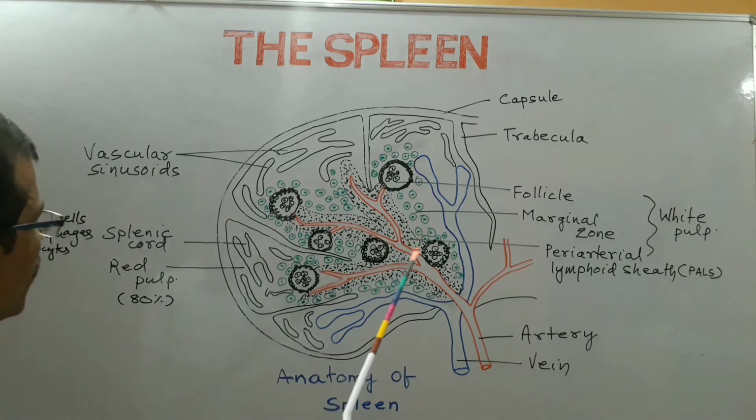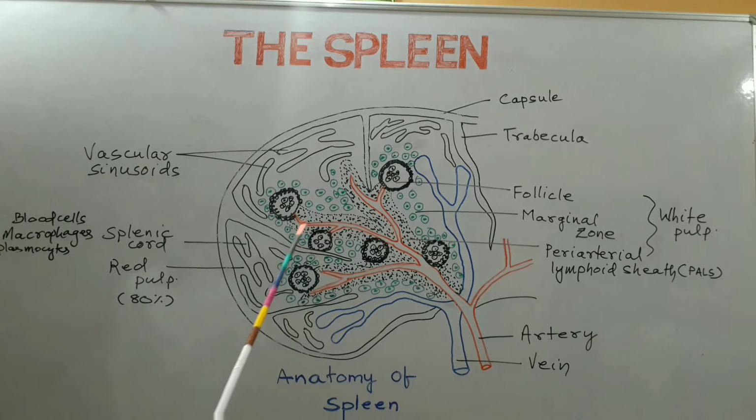First of all, we will discuss the red pulp. The red pulp consists of splenic cords and vascular sinusoids. The splenic cord is also known as the cord of Billroth.